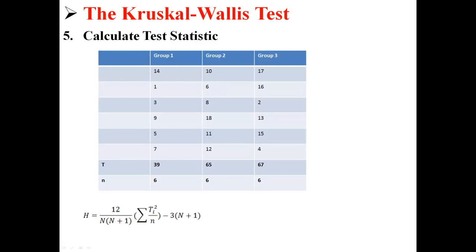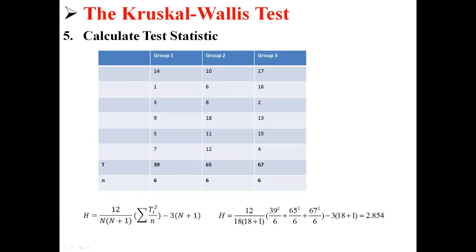So first, our T is our sums. For example, the sum of group 1 is 39, the sum of group 2 is 65, the sum of group 3 is 67, and our n is just our sample sizes. We have 6 scores in each of our groups, so all of our n's are 6. So now that we have that, we can just plug those into the equation to solve for H. For each T squared, T1 is 39, T2 is 65, T3 is 67.